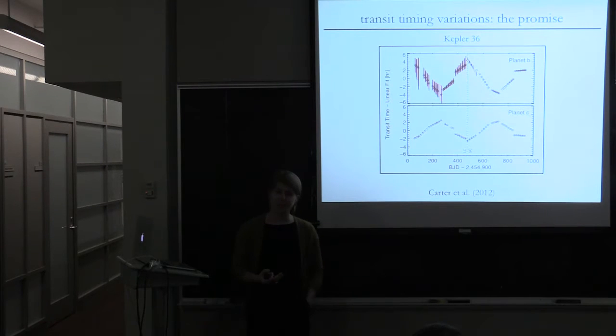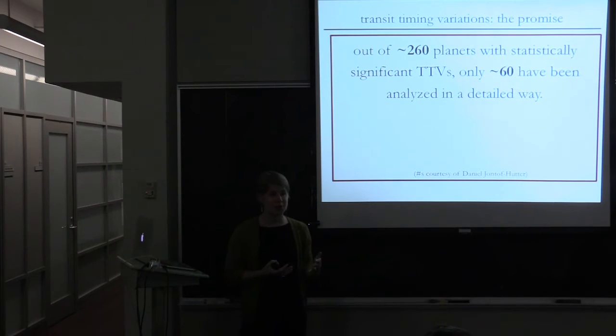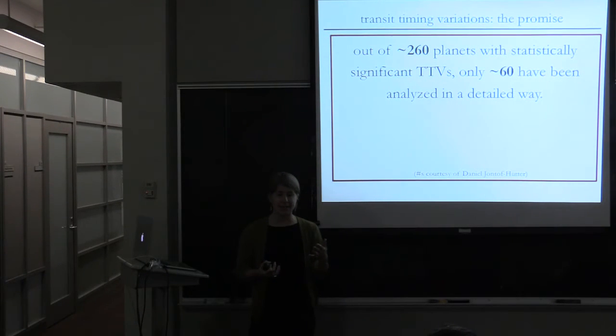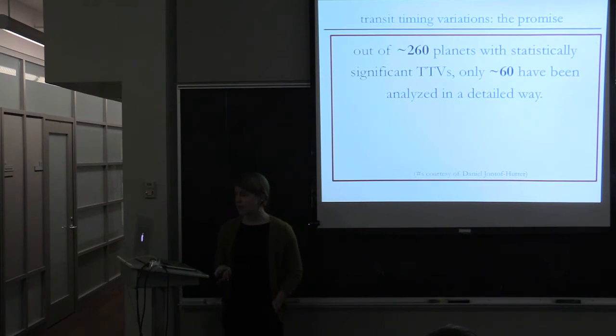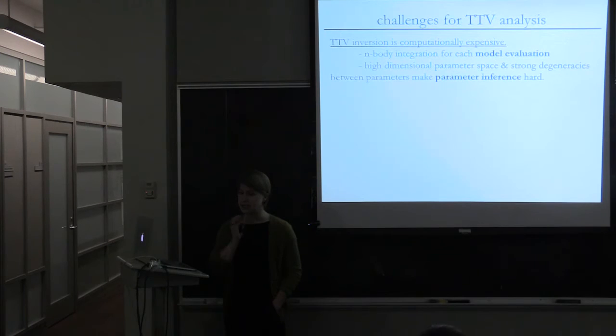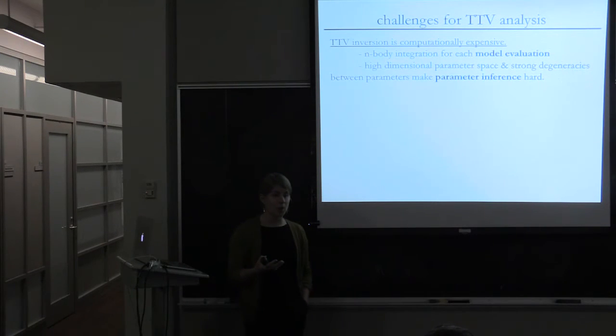So Kepler-36 is the promise of transit timing variations, but out of something like 260 planets that show significant timing variations, only on the order of 60 have had their times analyzed in a meaningful way. And the reason for this is primarily because the TTV inversion method is very computationally expensive. And so while RV follow-up is sort of telescopically expensive or even impossible, this TTV method is expensive in a different way.